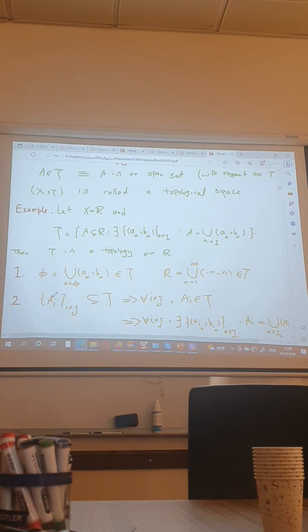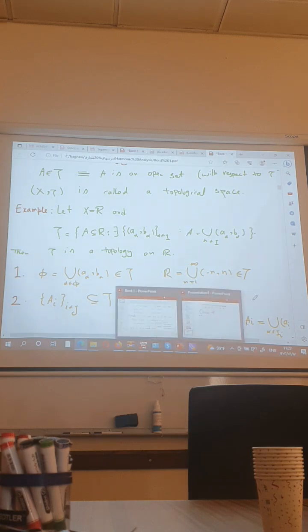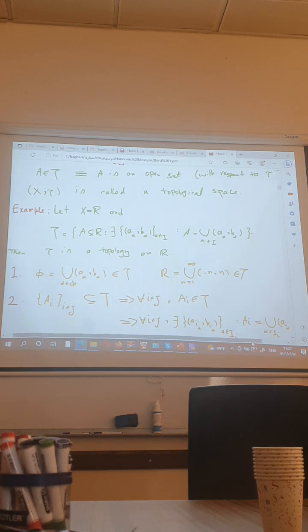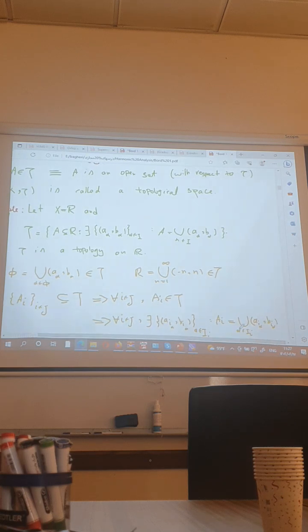For any i in J, A_i is an element of tau, and tau is this set, so there exists a family of intervals such that A_i equals this union, okay? All of this A_i must be a union of intervals.